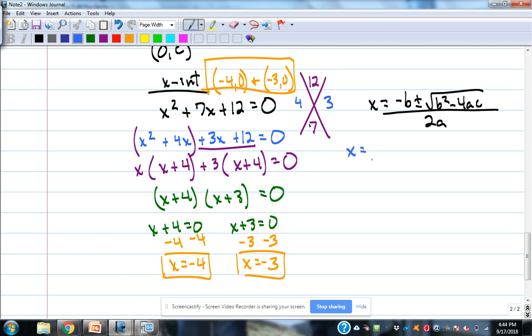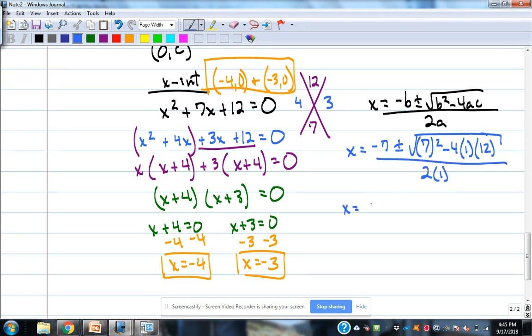All right. Plugging in the stuff. -b, so -7 plus or minus the square root of 7 squared minus 4 times 1 times 12, all divided by 2 times 1.